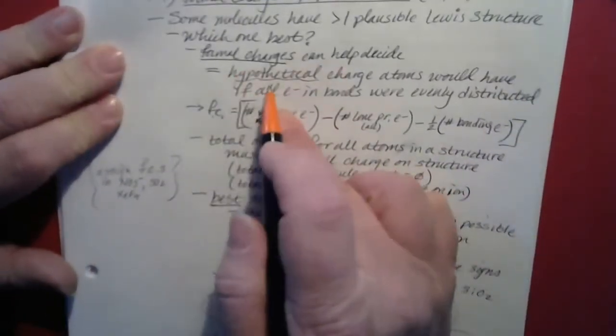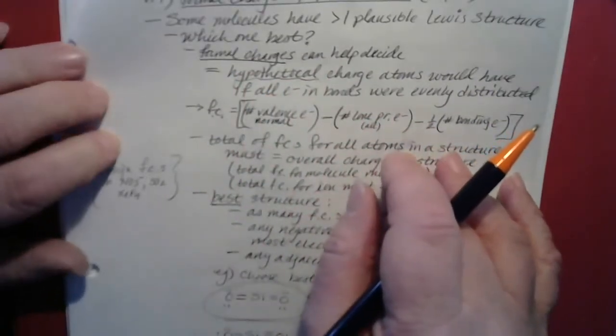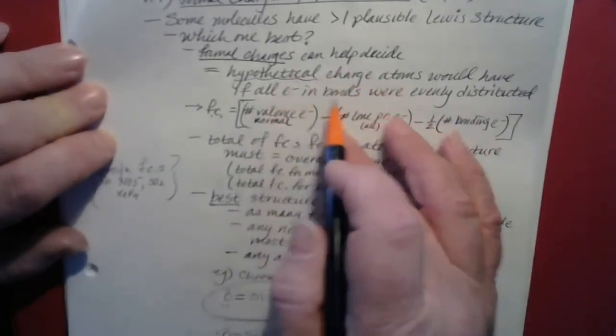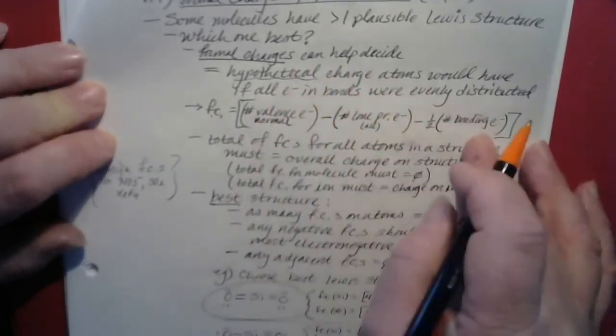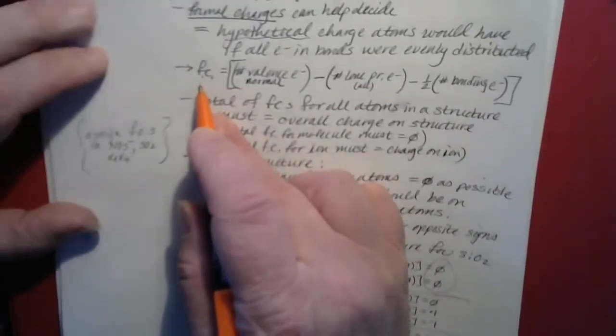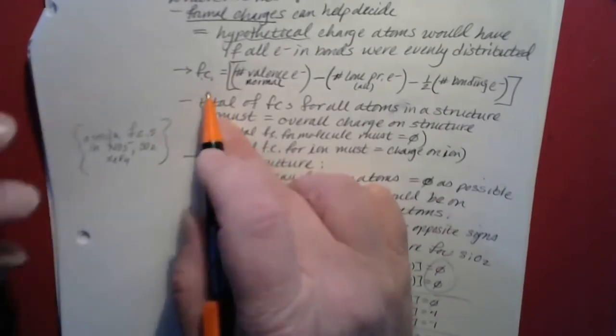But formal charges are like a bookkeeping method that we can use to decide which structure is best based on these hypothetical theoretical charges. The formal charge can be calculated for any single atom in any Lewis structure.